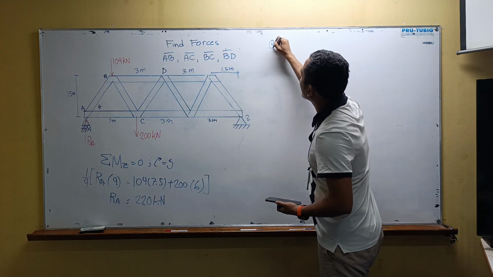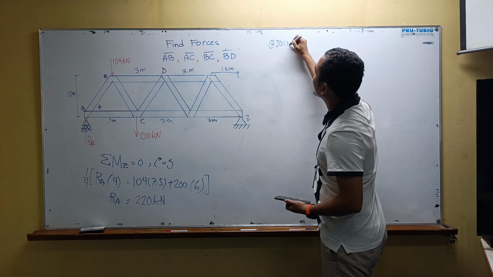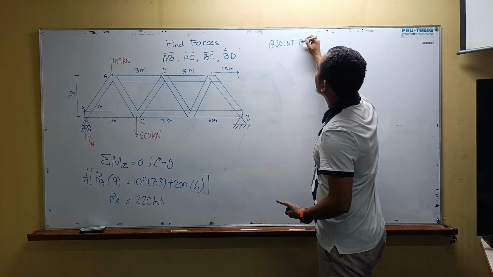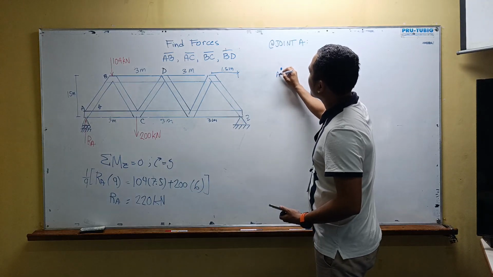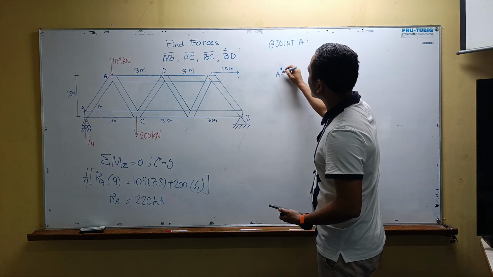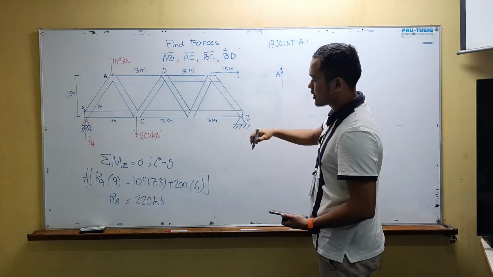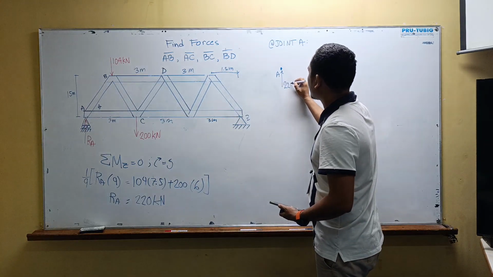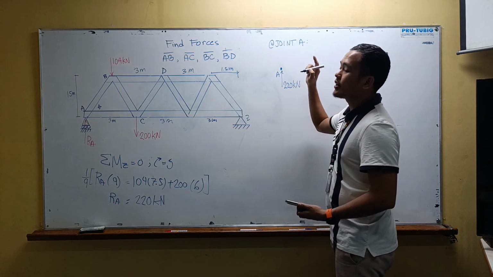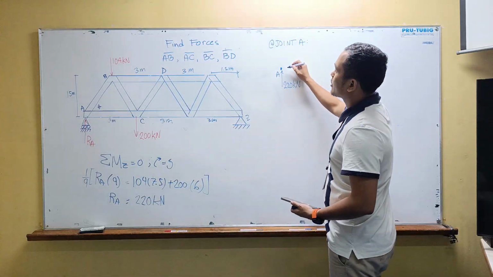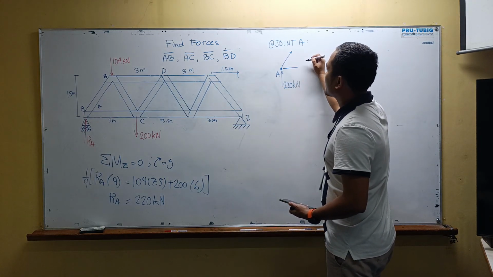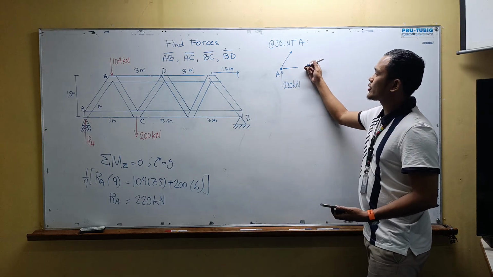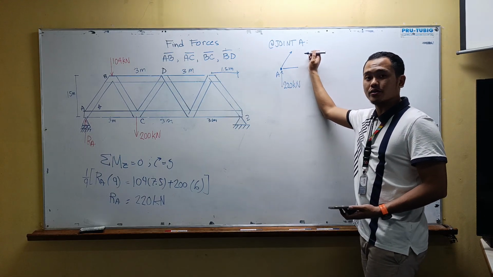So we could say at joint A, this is your joint A. The forces that occur at joint A are of course RA, which is 220 kilonewtons, and your other members, where in this case we're not quite sure what direction the arrow goes, right?